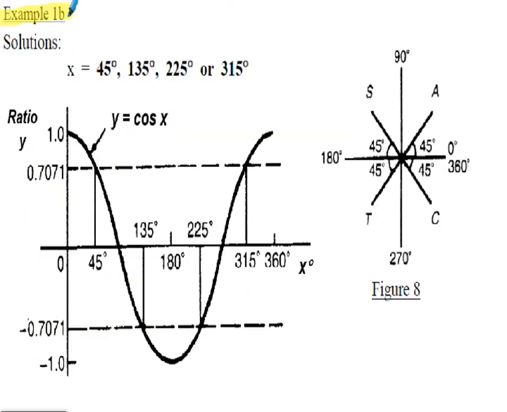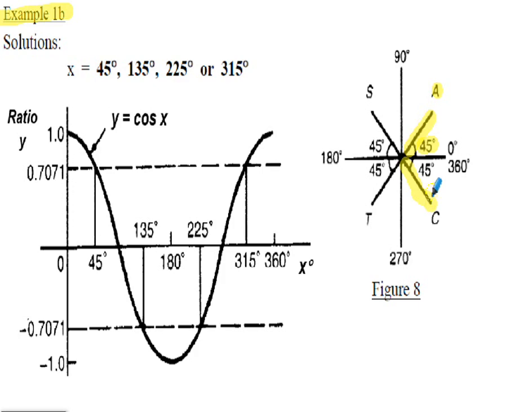Okay, example 1b continued here. So from the previous slide, we know that we get plus or minus 45 degrees for our solution. So we've got 4 solutions here. Taking the plus 45 degrees, we know that in the first quadrant, all the ratios are positive. So for our cos function here, we definitely have a solution in the first quadrant. It's plus 45 degrees. We know that in the fourth quadrant, for our cosine function, we get a positive ratio value, so we've definitely got a solution in the fourth quadrant.